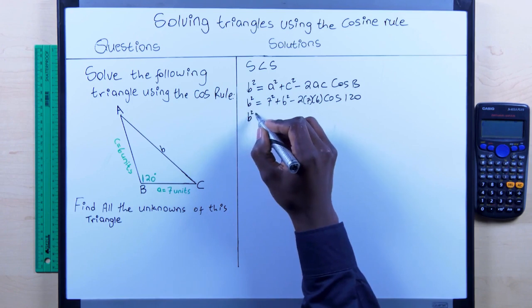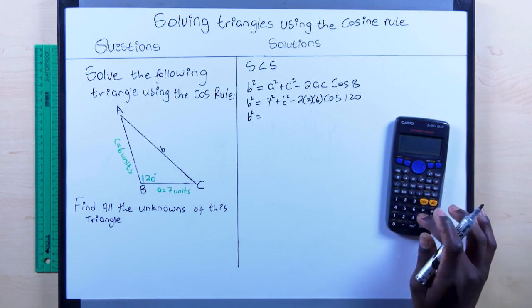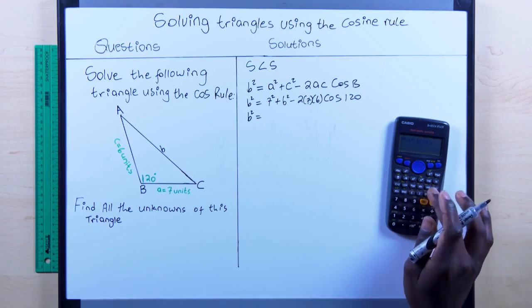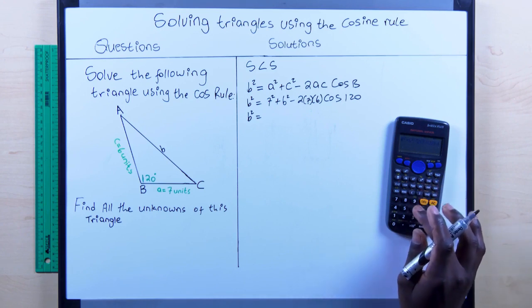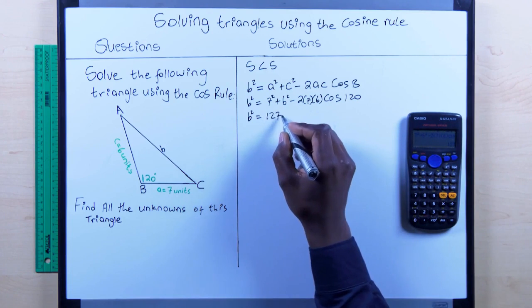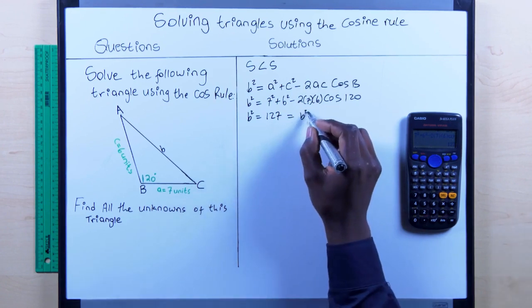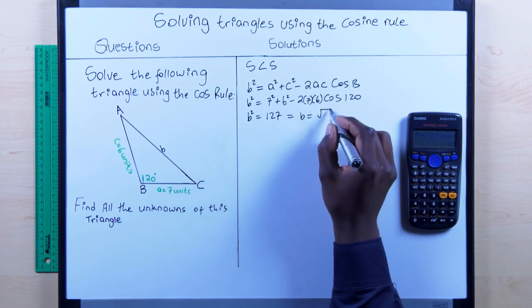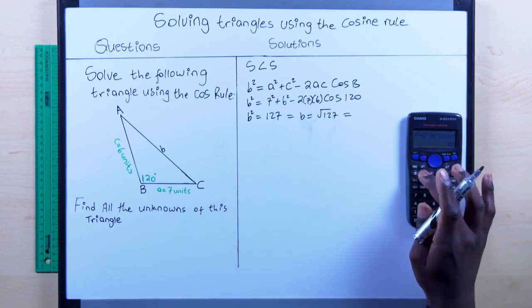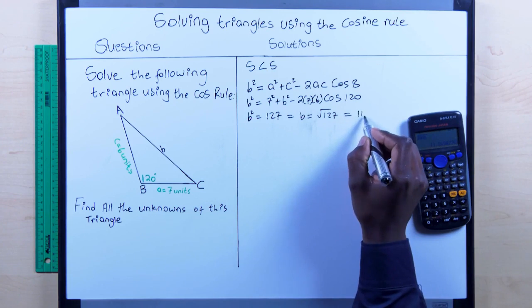Straight away we can find b squared here, 127, so b equals the square root of 127, which is our stored answer, equal to 11.27 units.